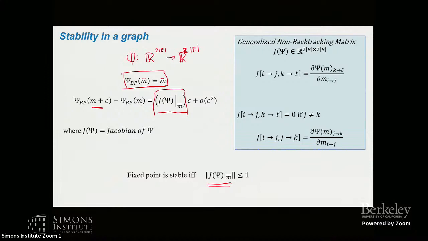The reason we looked at random perturbation in the tree and the worst-case perturbation in a general graph is that the spectral norm of J of psi for a general graph is controlled by the random perturbation quantity in a tree. Essentially, every vertex has its own tree, and so whatever perturbation you put, for most of the vertices, the perturbation looks random from their point of view.